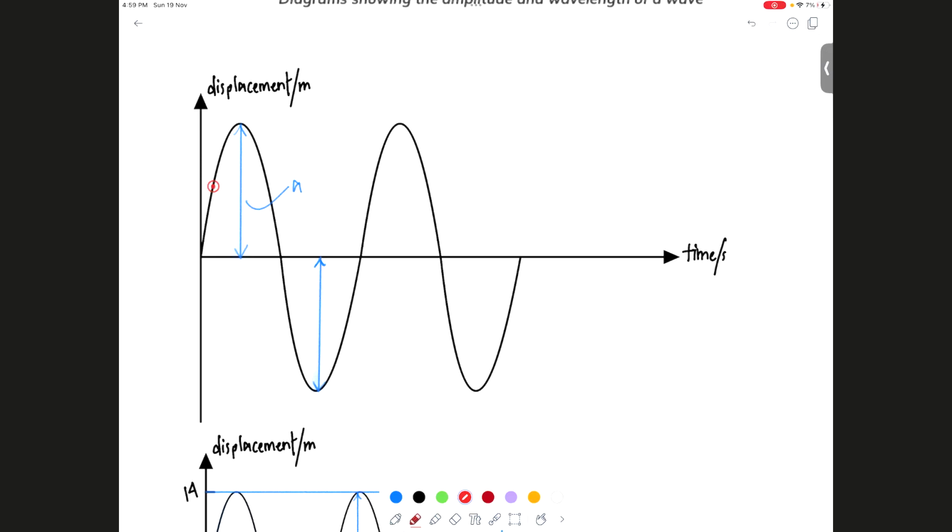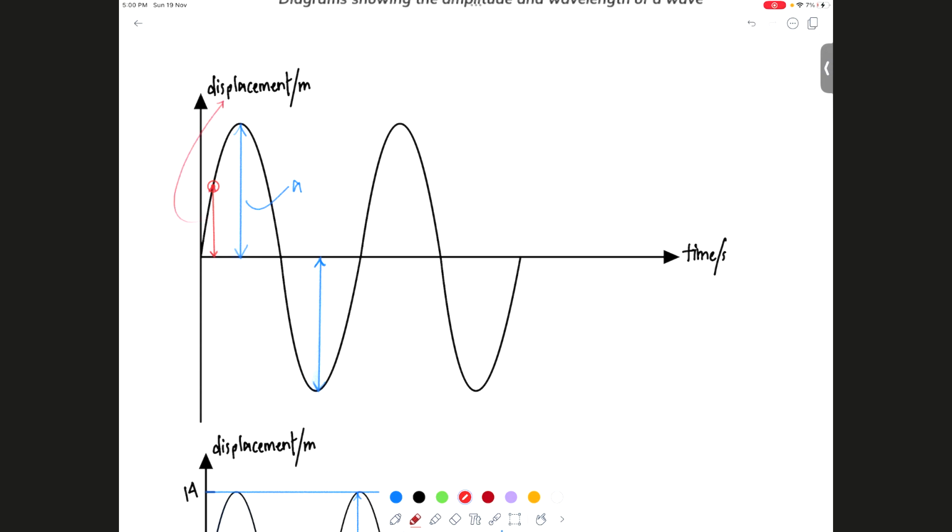Yes, correct, the position of the particle. But how do you represent it? What do you call it? Let me tell you: as she mentioned, the position of the particle, we call it displacement. It's just the displacement of the particle.